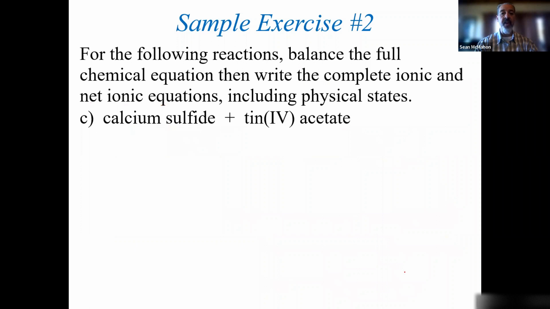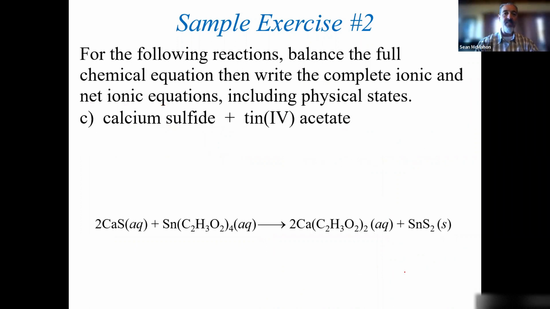So calcium sulfide and tin 4 acetate. The calcium sulfide is slightly soluble, okay? So when I look, I have aqueous, at a 1-to-1, calcium's 2 plus, sulfide's 2 minus.